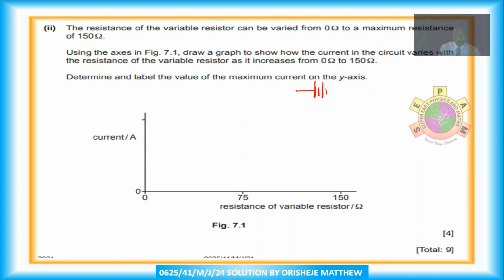For brevity of time, let me do it like this. Then you have a variable resistor, and then you have the fixed resistor. They say the resistance of this one varies from 1 to 150 ohm, and this is 30 ohm. Now, if the resistance is 0, what is going to be the current? So you can calculate the current.